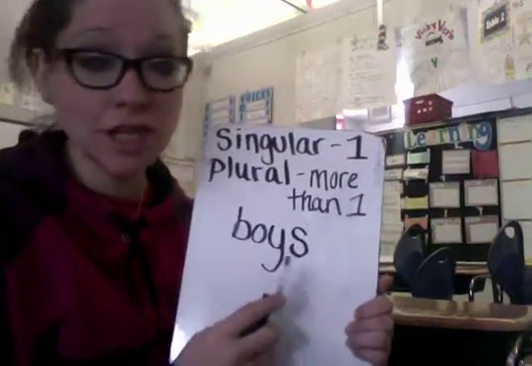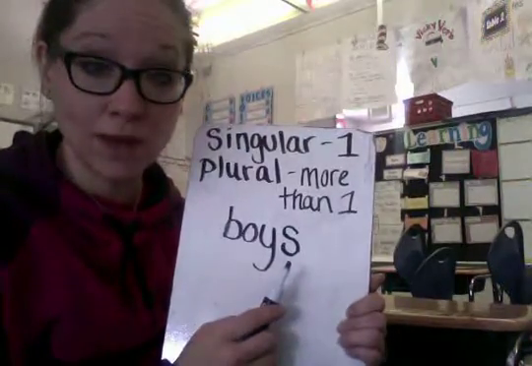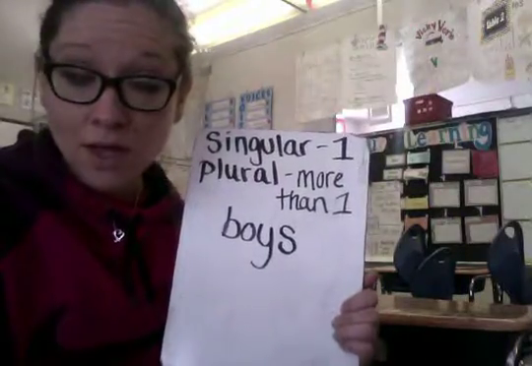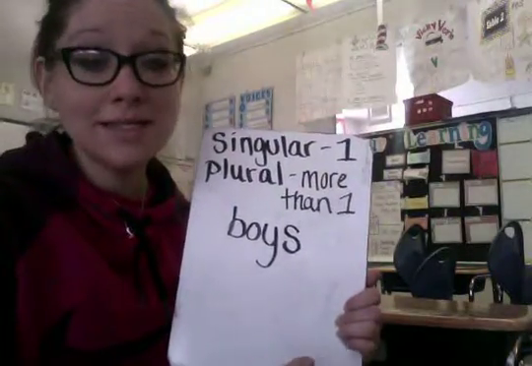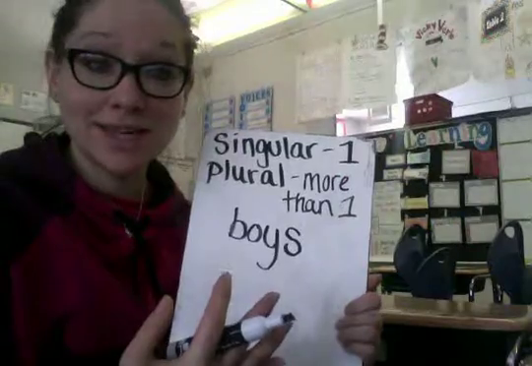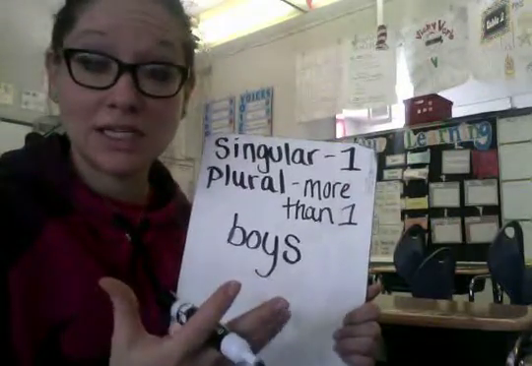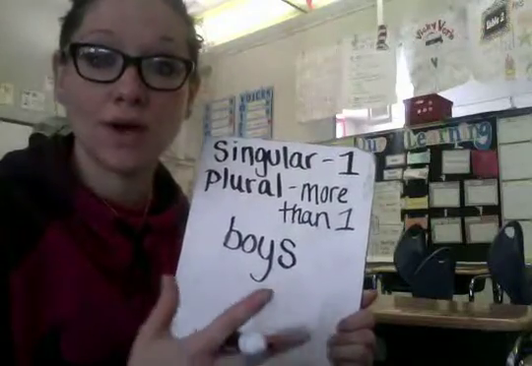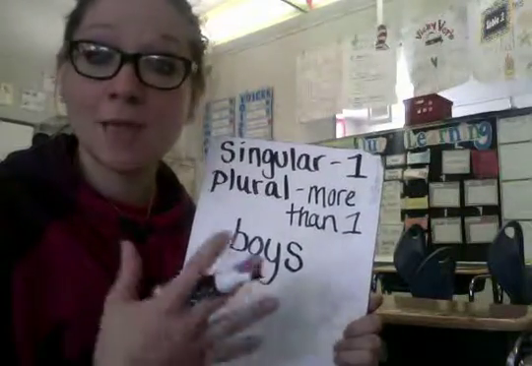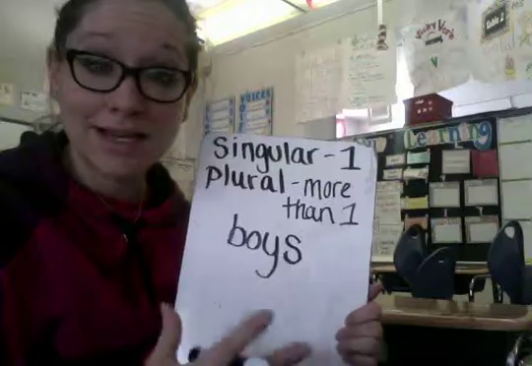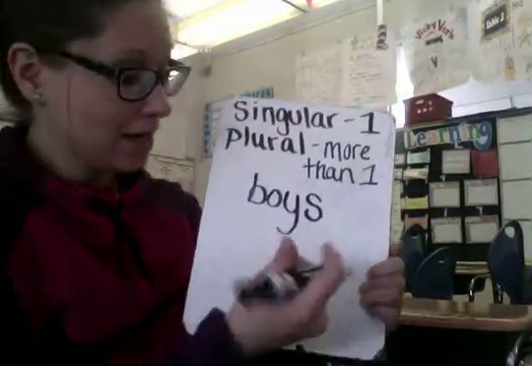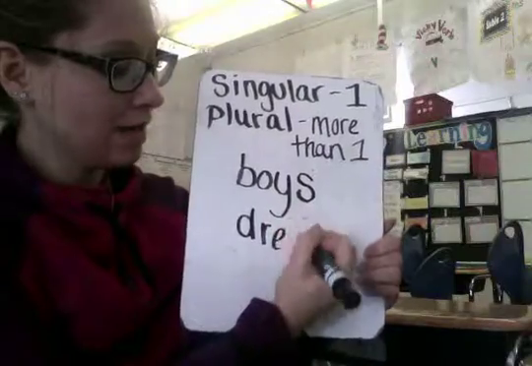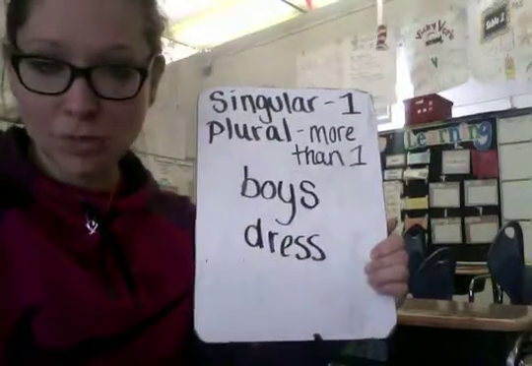Most nouns are just going to be adding an S onto it, but there are some other rules that you are going to have to follow. The other rule is if a word ends in certain letter combinations like X or CH or SH or a double S, you are going to add an ES onto it. For example, the word dress. I wore a dress to the party.